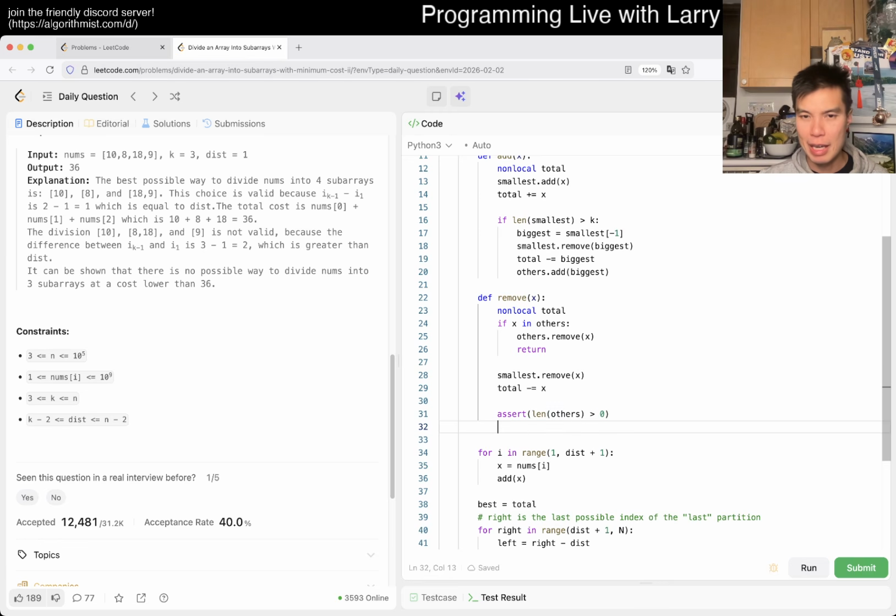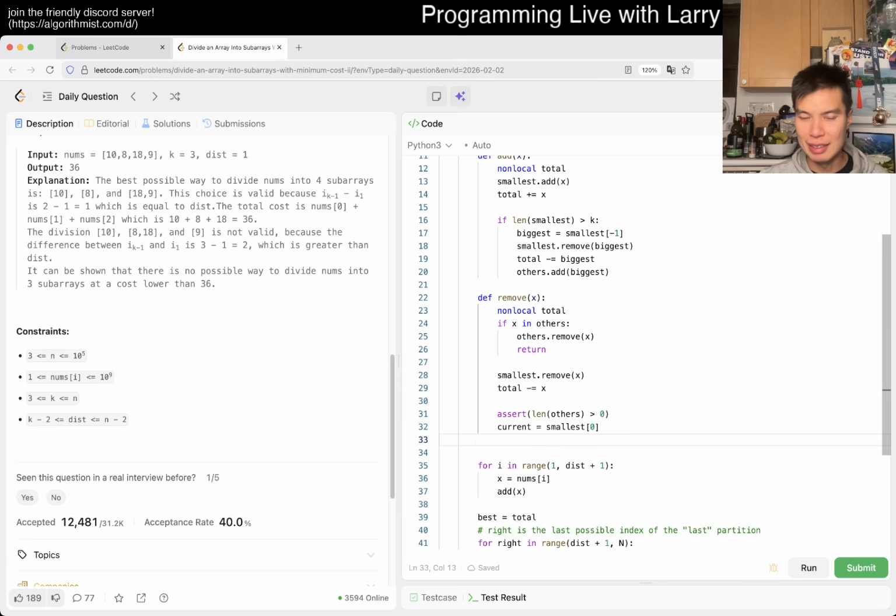Right, and then small. Well, I can write smallest again, but that just writes current is equal to the smallest number in others. Whoops, I keep on saying smallest. I got confused. Others.remove current. Yeah.